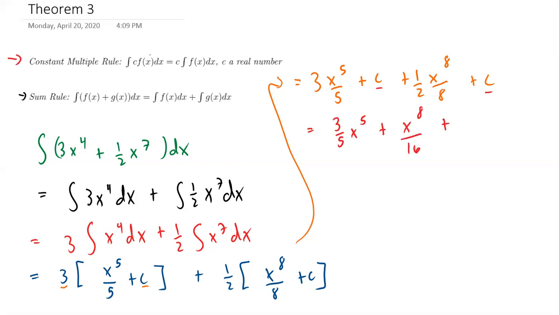I can combine the two arbitrary constants into one single arbitrary constant. And that's the answer, as simple as we can. And this matches what we should get, because when we're looking for something like this, it should look like one specific antiderivative plus one arbitrary constant. So that's how we use this property.